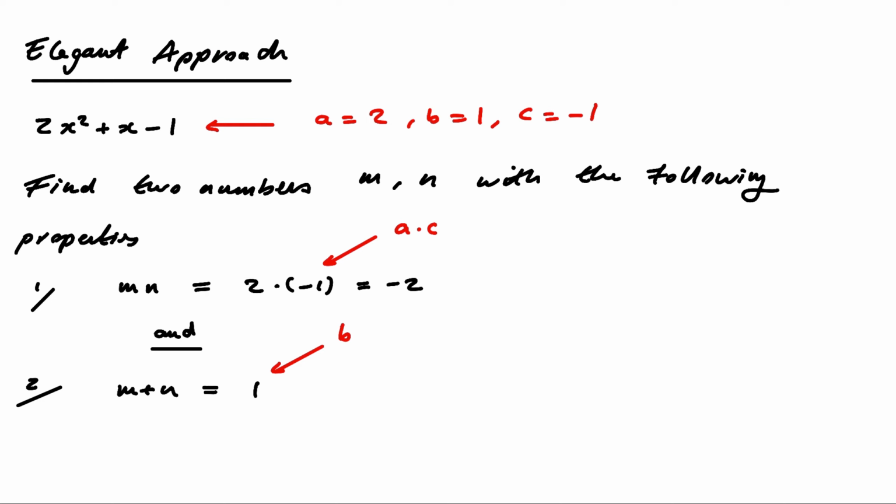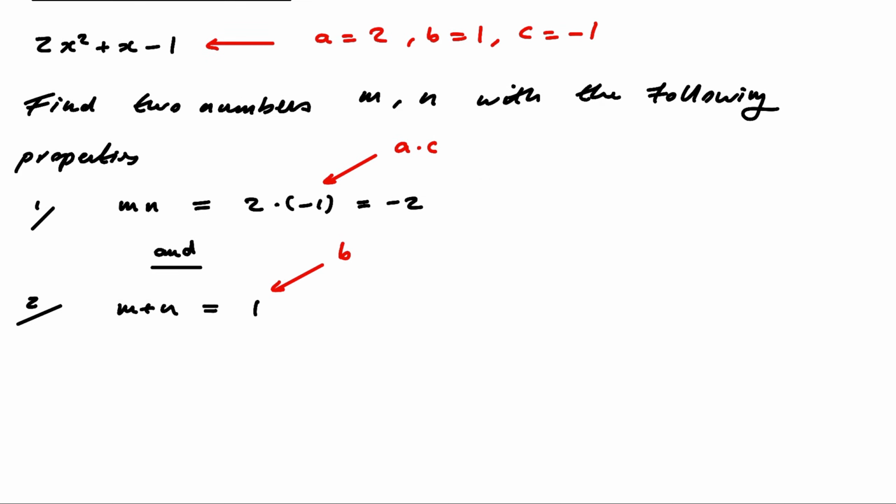Now, it's not obvious why this is important, but if you are able to do this, there's an incredibly elegant way to immediately write down a factorization, which I'll show you now, or pretty immediately. So this is the tough part about this approach. You need to be able to spot m and n. First of all, there may be no m and n, right?